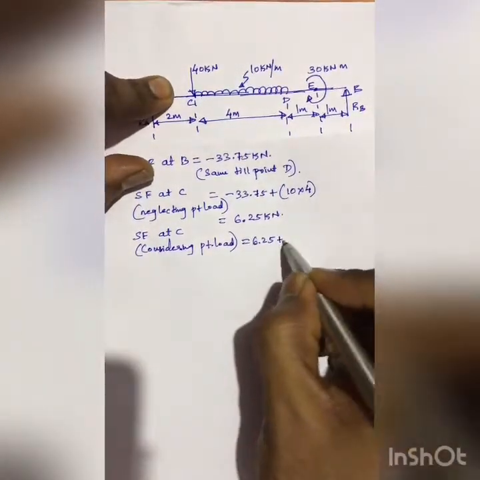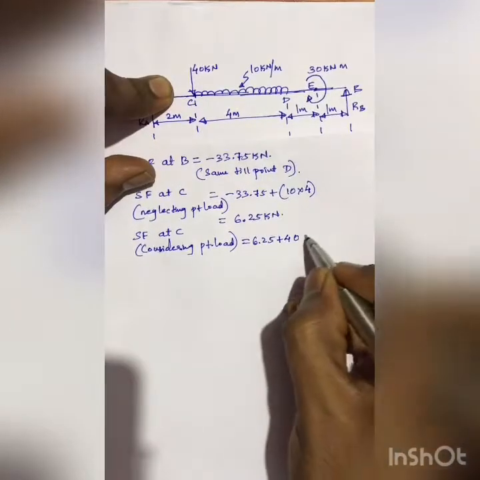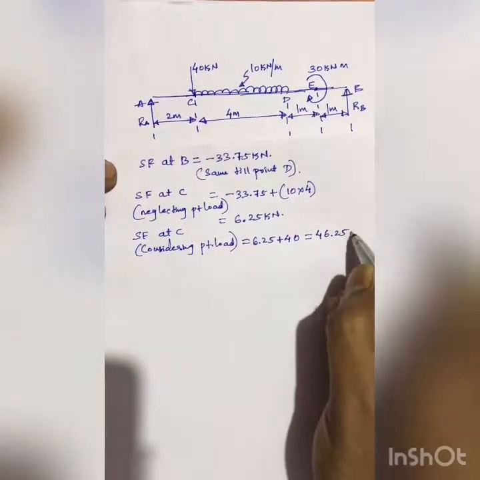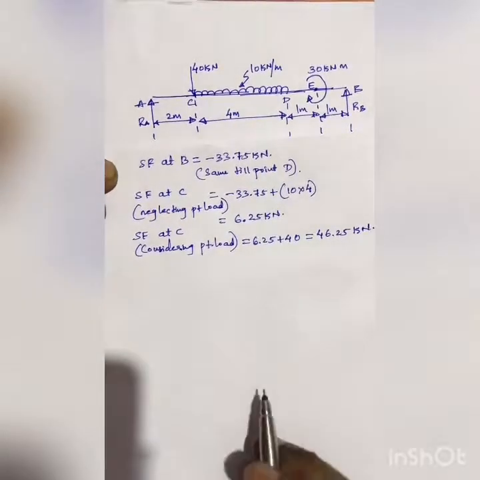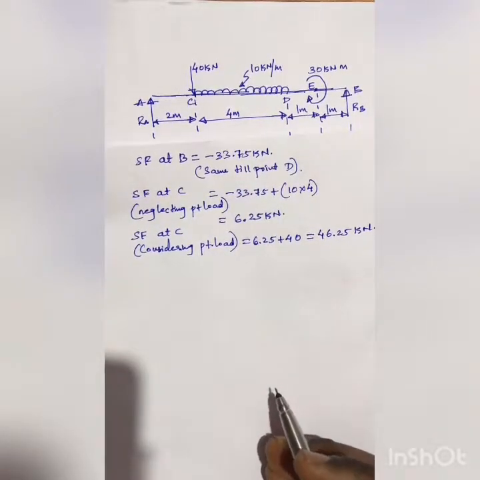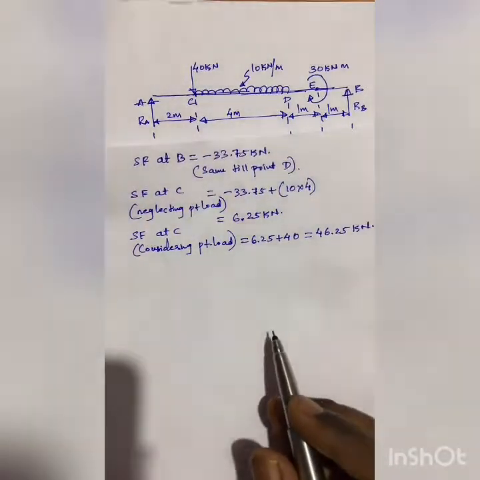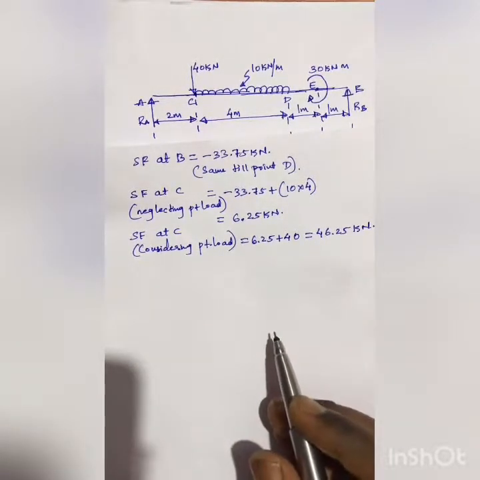So 6.25 plus 40 makes it 46.25 kilonewton. Again, we know that there's no other force now acting from C to A, and hence it will remain the same, that is 46.25 from C to A.